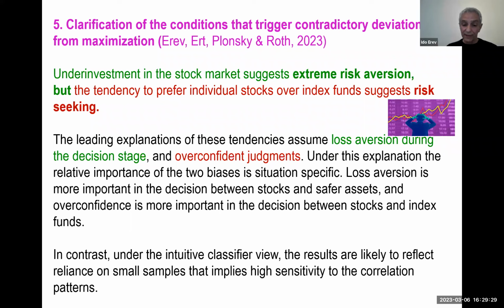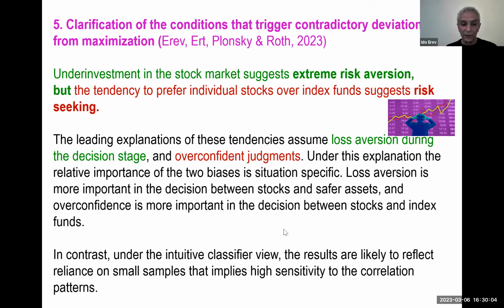In addition, to explain the apparent difference between these two phenomena, previous research also suggests that which of the two biases is more important, whether loss aversion or overconfidence, is a function of the environment. In some situations, loss aversion is more important than overconfidence. In other situations, overconfidence is more important than loss aversion.